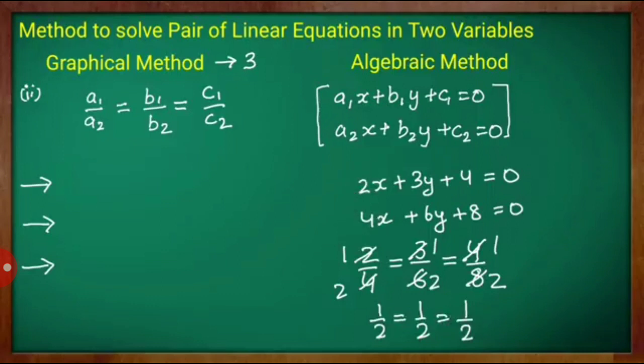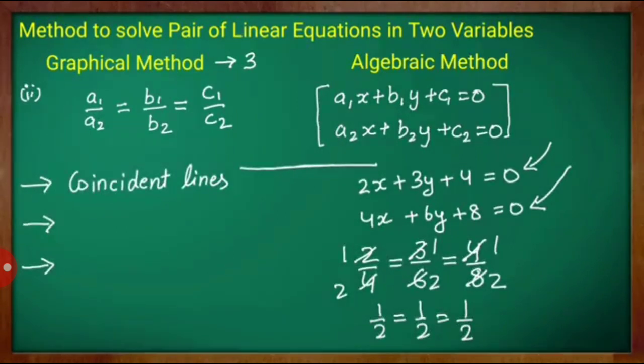In this case, when you represent this pair of linear equations on graph paper, you will see both the lines are coincident, meaning both the lines lie on the same line.